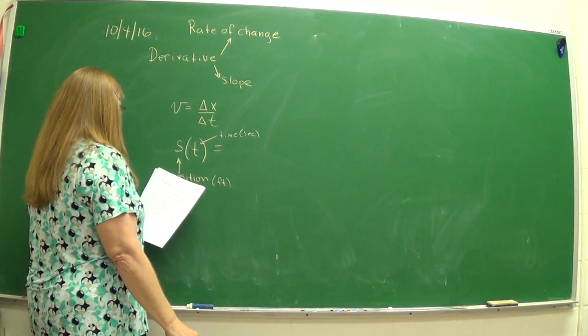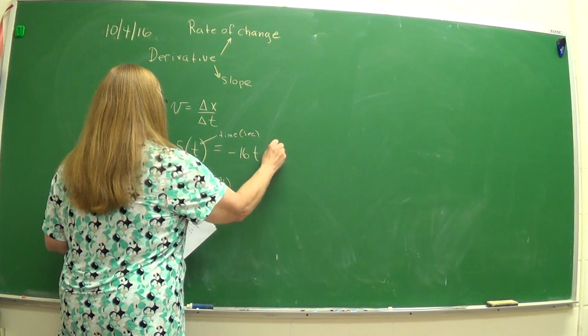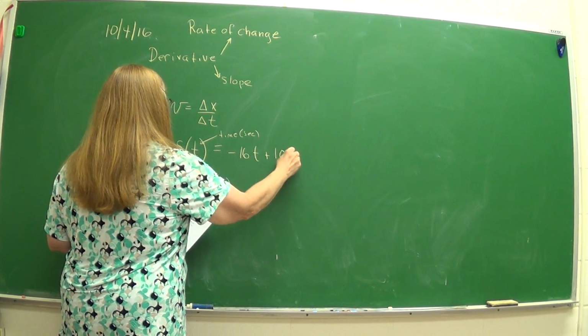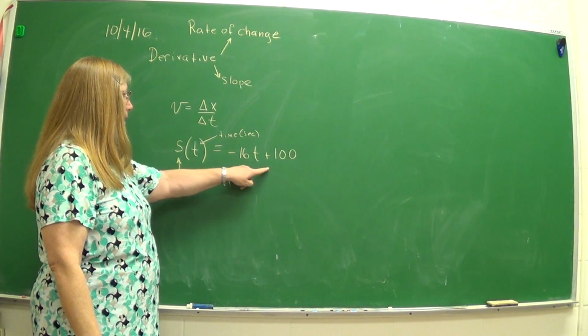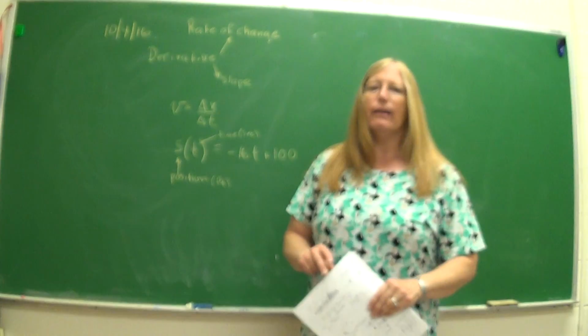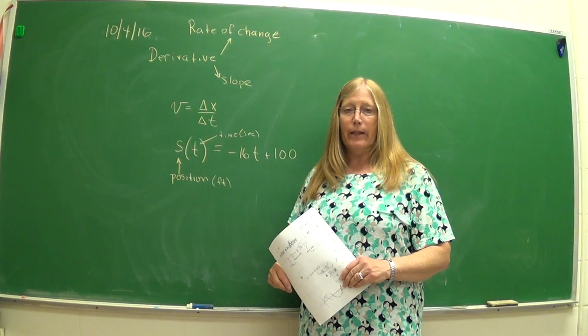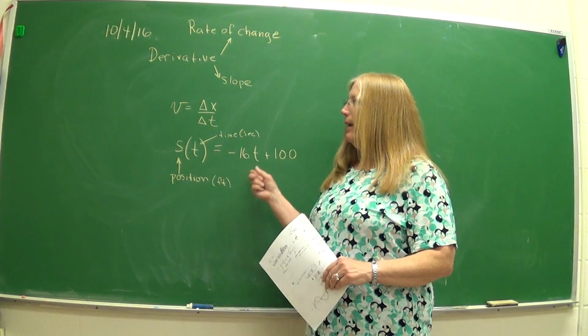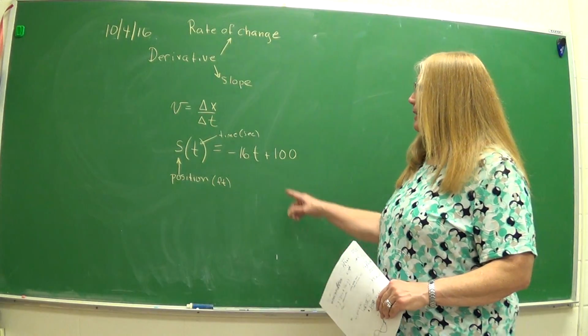And say the equation for my first example, the position function, is given as s of t equals negative 16t plus 100. Now in our class, we saw the position versus time in the form of a graph more than an equation. But any graph has an equation, so in class here, we're going to look at it like this.